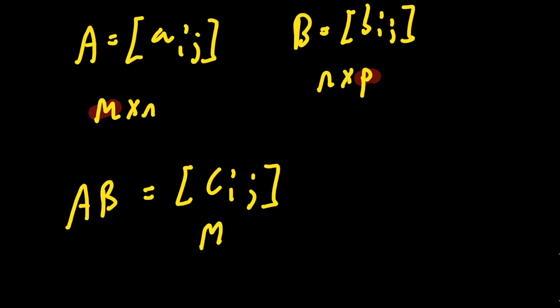Therefore, you get this rule right here, where you multiply the row and column of the matrix. And that is the definition of the matrix operation.